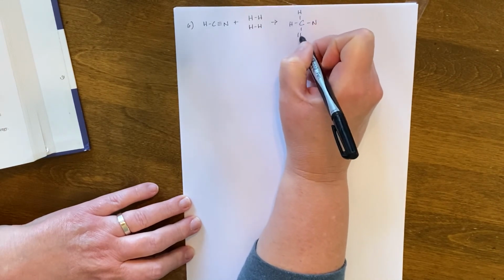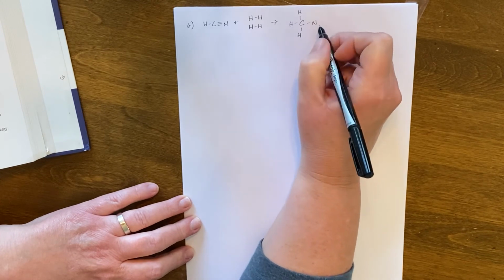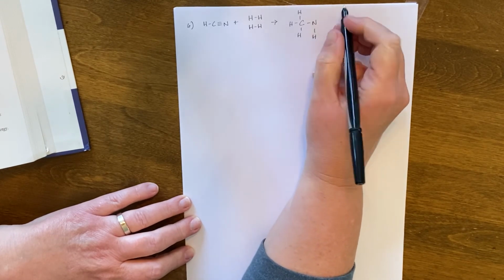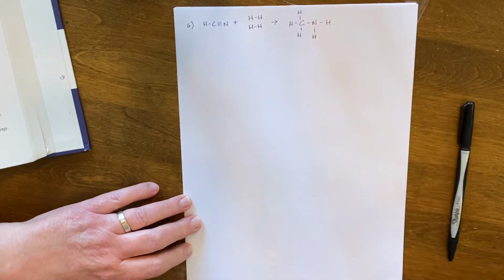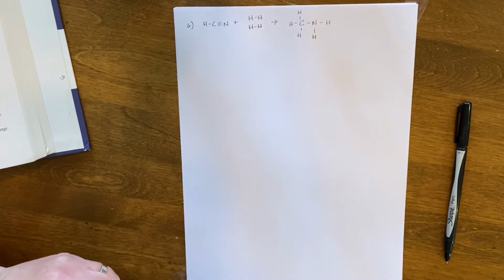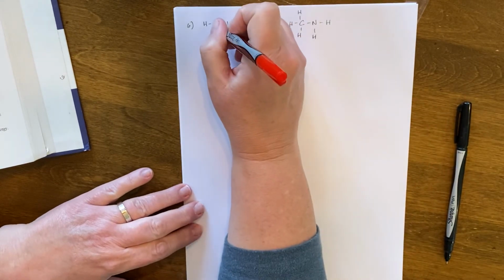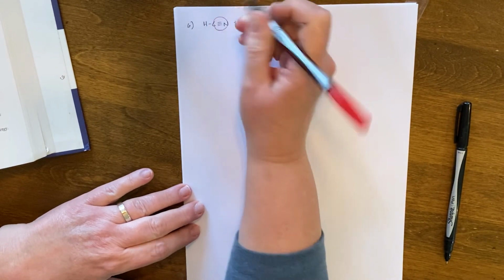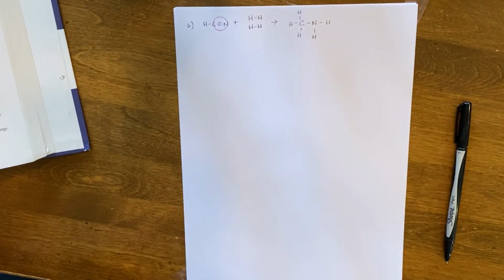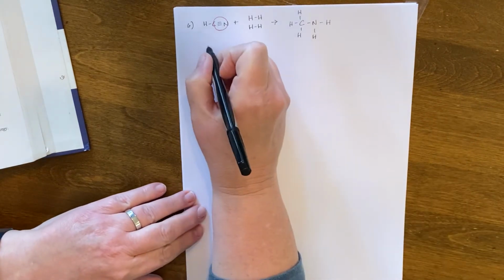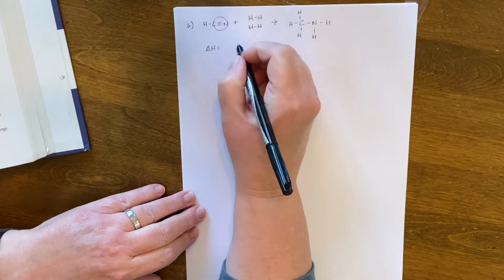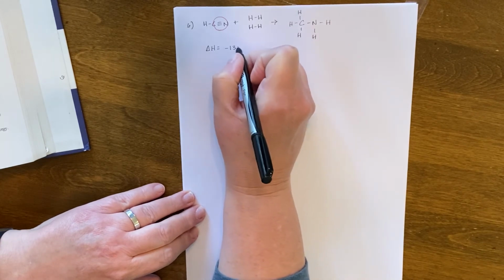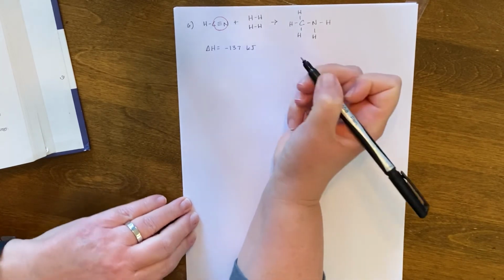These are all H, N, This is an H and an H. Okay, and the question is, what is the bond energy of this right here? Okay, it tells us that delta H, or the change in enthalpy, is equal to negative 137 kilojoules.